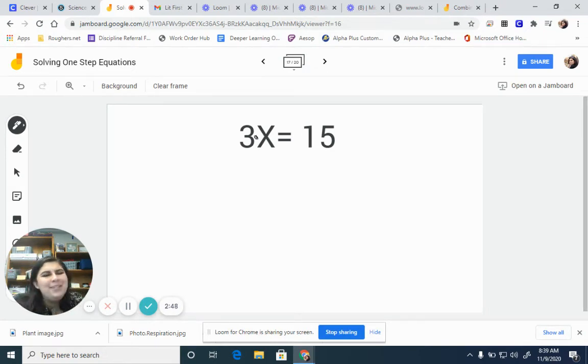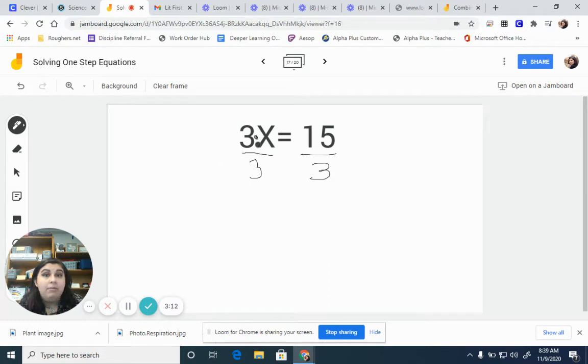Oh, it's division. That is perfect. So I'm going to make sure that I'm dividing. But just like fractions, whatever I do to the top, I have to do to the bottom. When I do something to one side, I have to do it to the other, or else it's not balanced anymore, and it needs to stay balanced. So that means I'm going to divide both sides by 3.